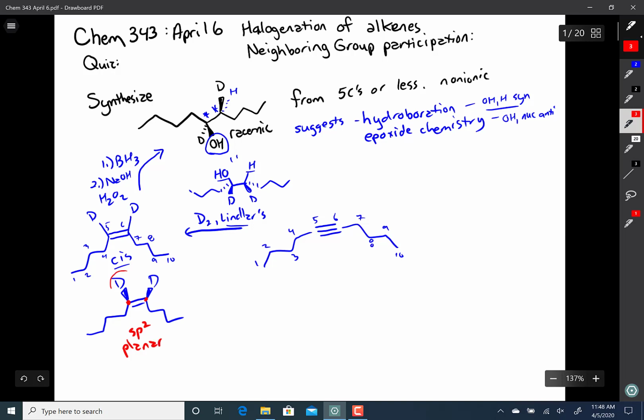And this structure right here, all 6 of those atoms circled, must be in the same plane. And here, the carbons are in the same plane, but the deuteriums are not. But for the correct answer, the deuterium, carbon, carbon, deuterium, and carbon all have to be in the same plane. So please, don't put wedges and dashes on alkenes. It's likely to be wrong.